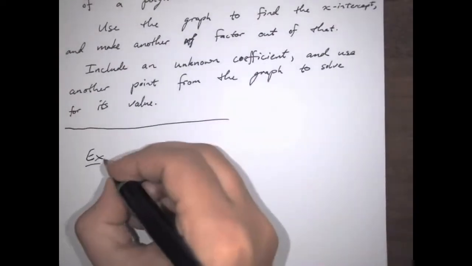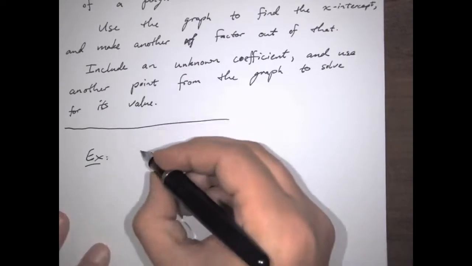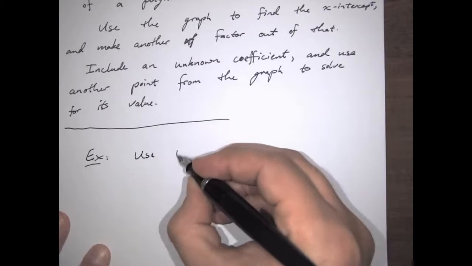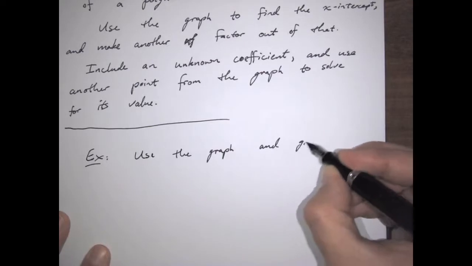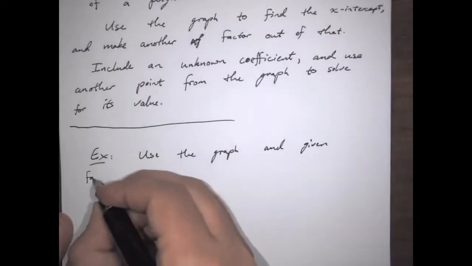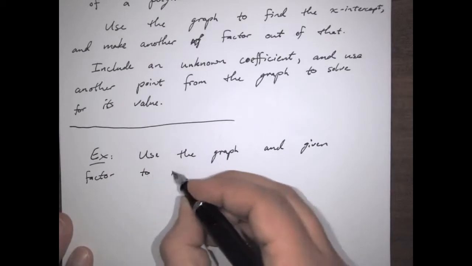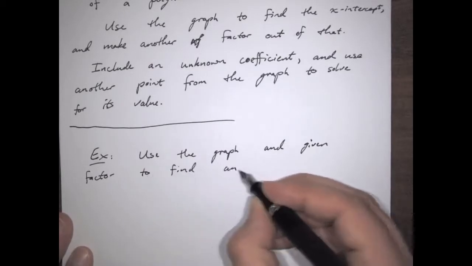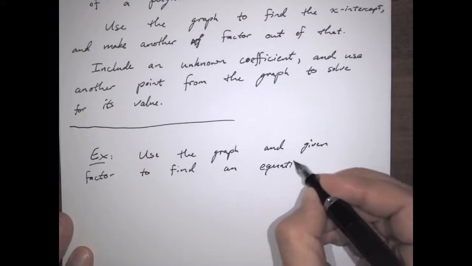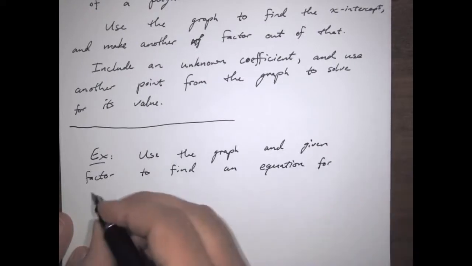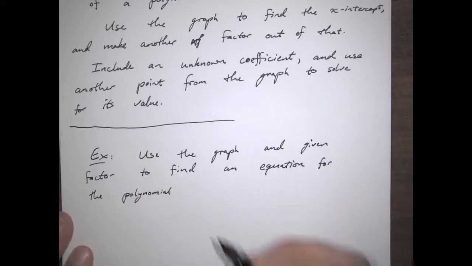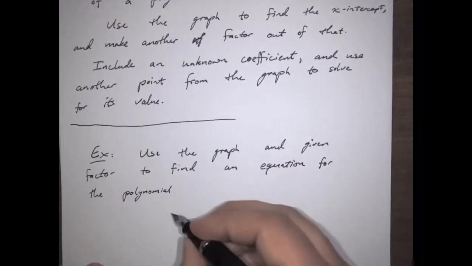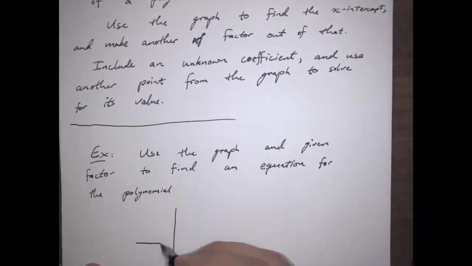Alright, so now let's take as an example the following. Use the graph and given factor to find an equation for the polynomial. And the graph will look like this.